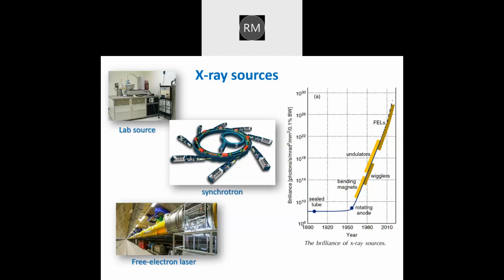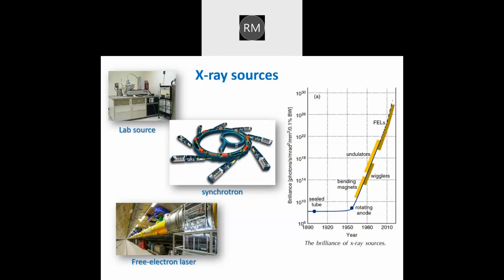And then you can see the bending magnet, wiggler and undulator, three words there. These are basically different types of synchrotron radiation, producing X-rays in slightly different ways in the synchrotron. One uses a bending magnet, another is a wiggler, and the third is an undulator. I will come to that.